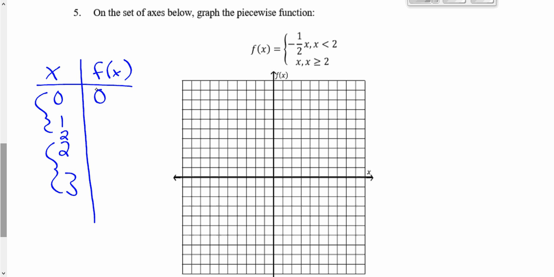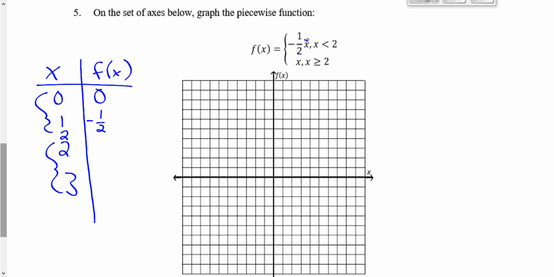What do you get? Can anybody tell me what's negative 1/2 times 1? Negative 1/2. Okay? Now this 2 doesn't really go here, but I want to get a value of it so I make sure I have an endpoint for that. So if I plug a 2 into this one, what do I get?